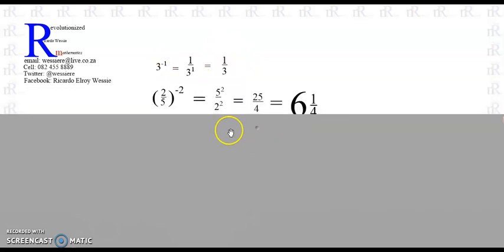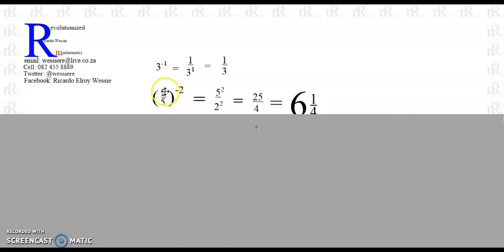Also remember, when I work with a fraction to a negative power, the fraction is being inverted because of the negative sign. Because now that 2 to the power of negative 2 will go underneath the line and become positive, and 5 to the power of negative 2 will go above the line and become positive.